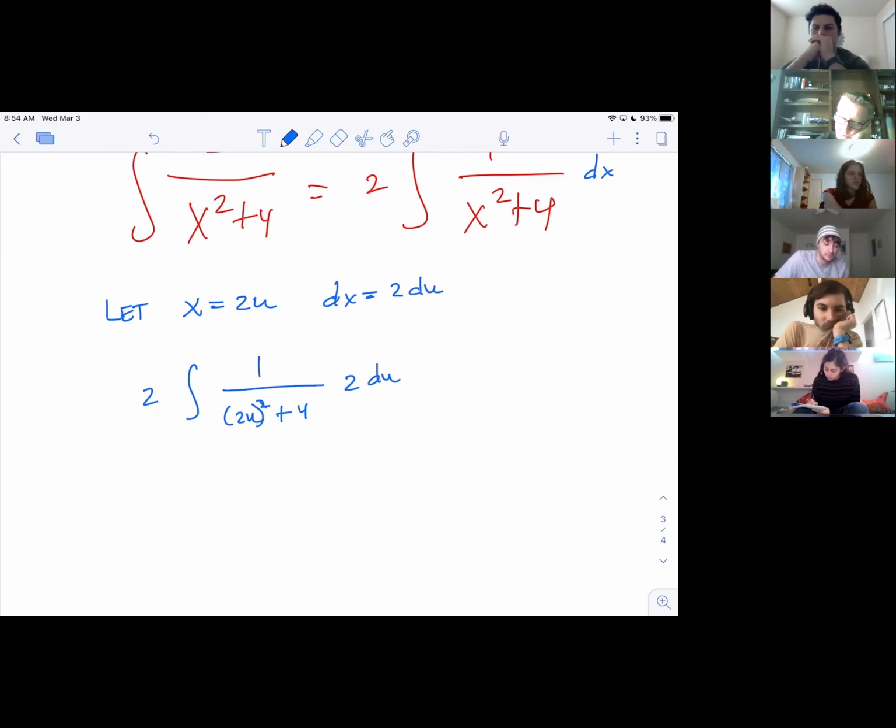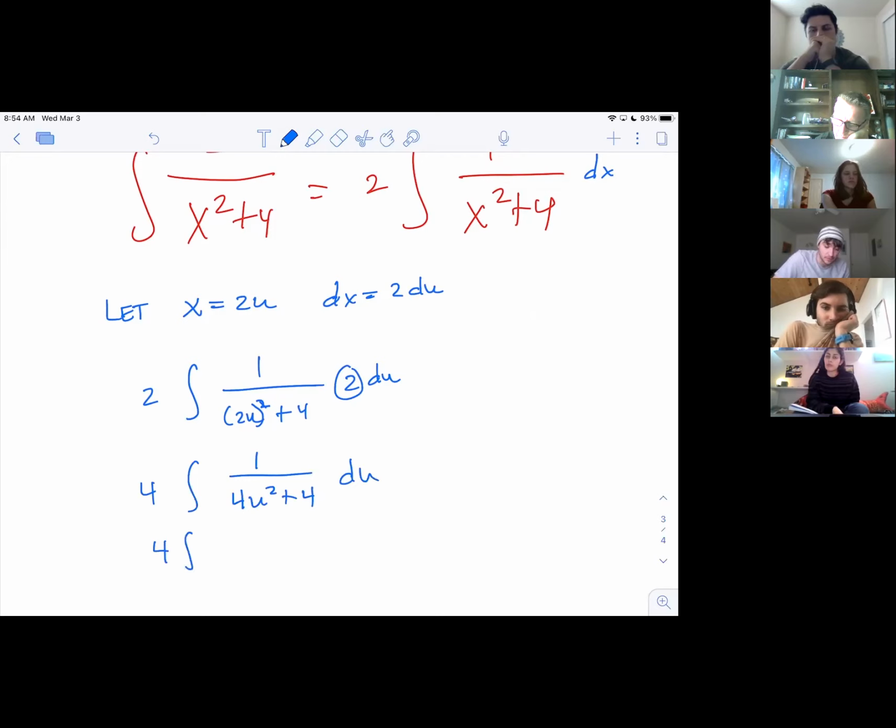Well, doesn't this become 2? Let's see, there's two 2's. I'll pull that out front. So there's 4, and now I have 1 over 4u squared plus 4. That doesn't look like a 4. Is that good?